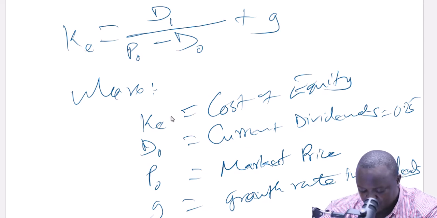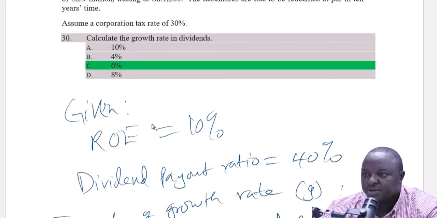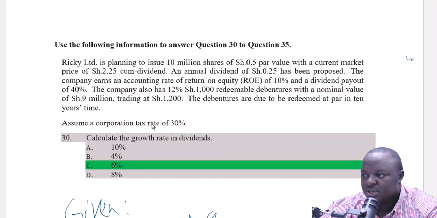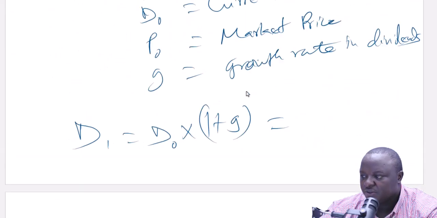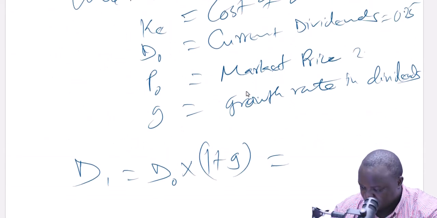The current market price is 2.25 shillings.